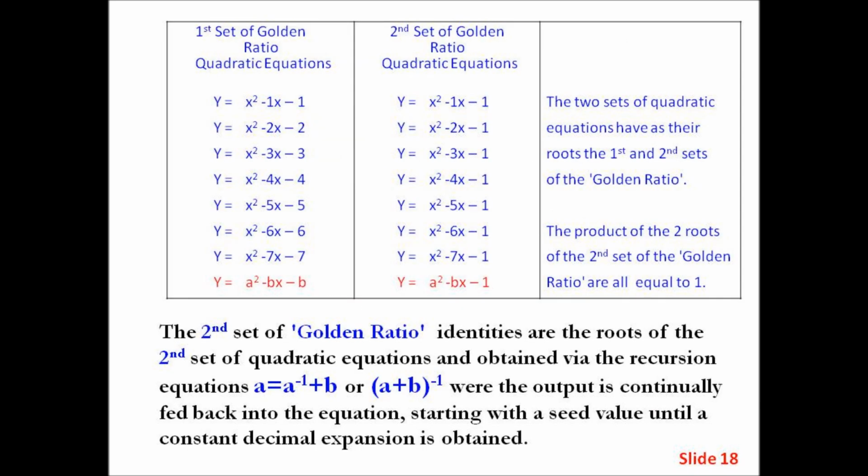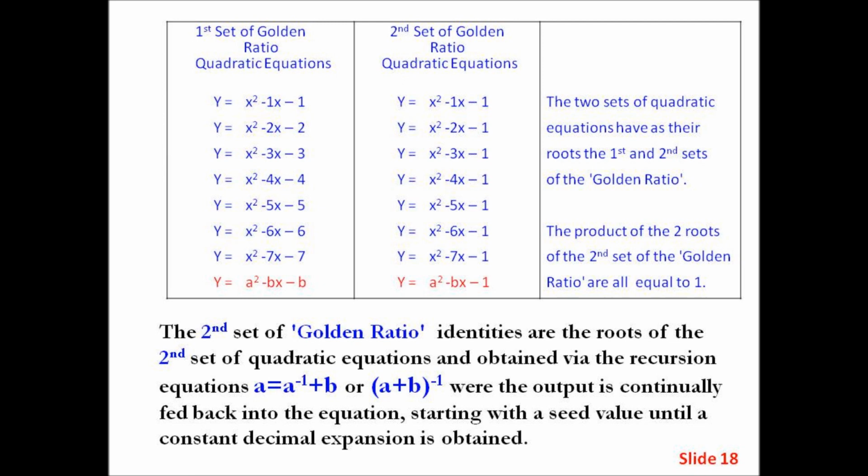The table shows the quadratic equations associated with the first and second set of golden ratio identities. The second set of golden ratio identities are the roots of the second set of quadratic equations and obtained via the recursion equations A equals A reciprocal plus B, or A plus B all reciprocal, where the output is continually fed back into the equation, starting with a seed value until a constant decimal expansion is obtained.